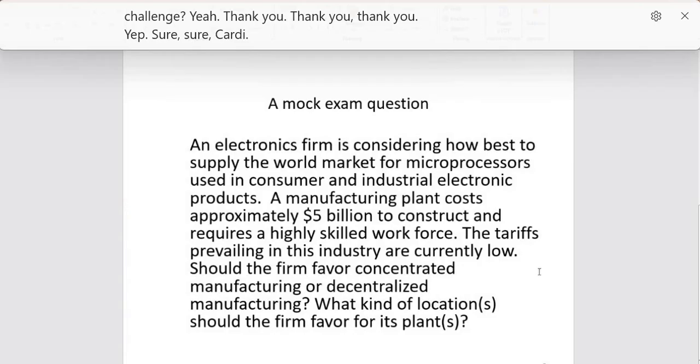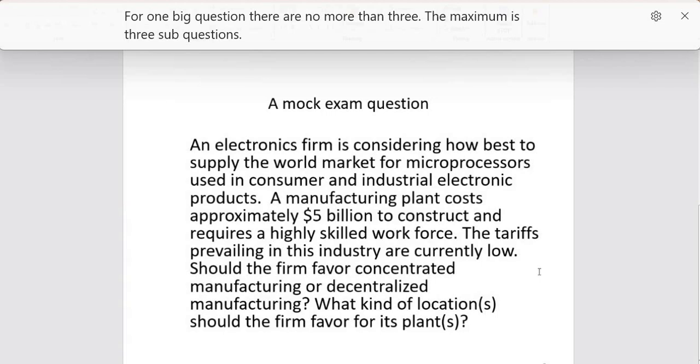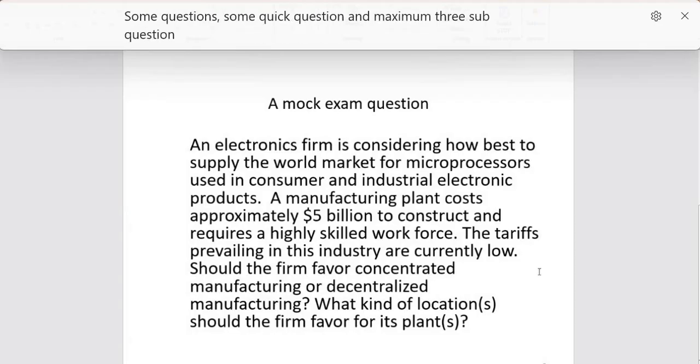I couldn't remember clearly, but for one big question, there are no more than 3 sub-questions. The maximum is 3 sub-questions. Two big questions and a maximum of 3 sub-questions, I think.